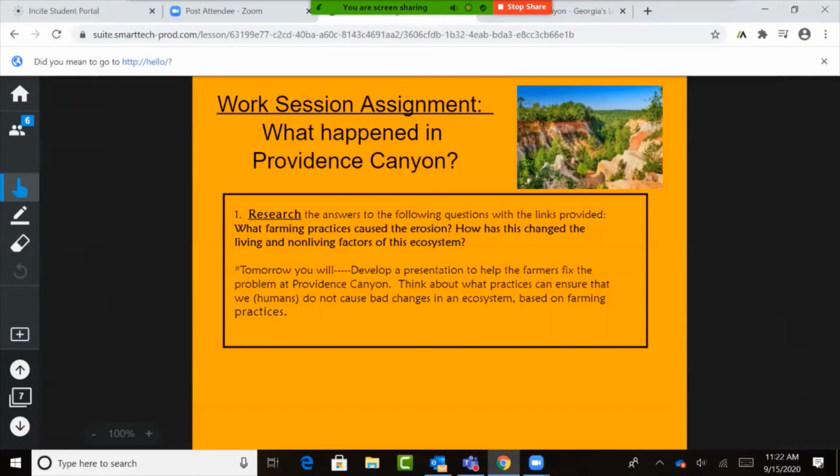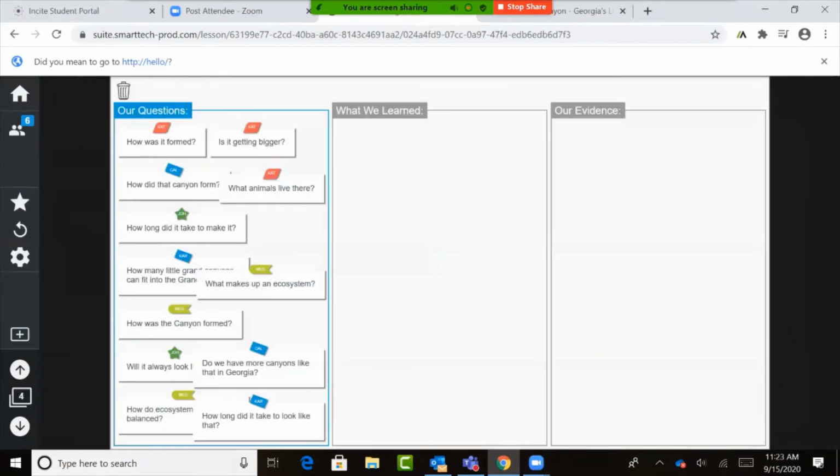All right, guys, 20 minutes is up. If you have the opportunity now that you've done your research, you can write on the what we learned side about how that canyon was formed. You can do that now, or you can wait and do that a little bit later when you are going to go back and share what you have learned today on slide 9.